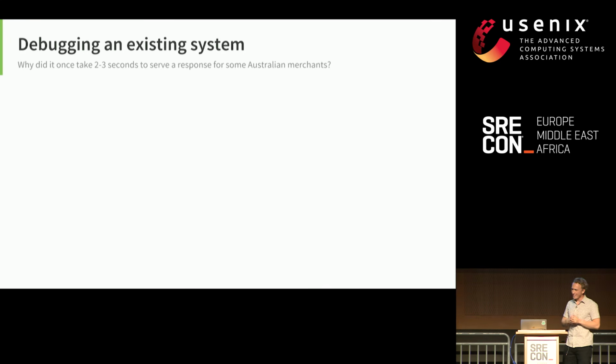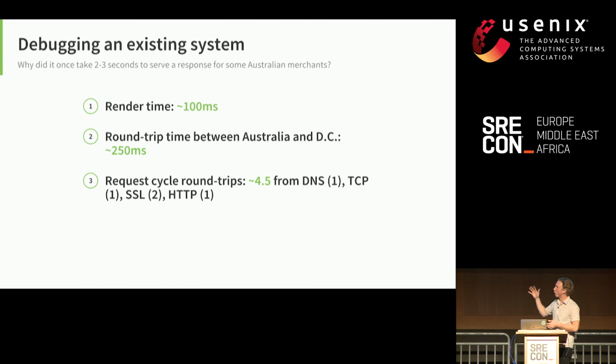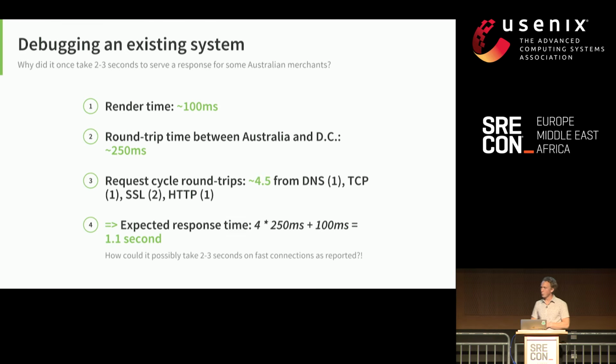And this didn't really jibe with my intuition. Like, we render a page in about 100 milliseconds. The round trip time between Australia and DC, which is where our data centers are close to, is 250 milliseconds. There should be about 4.5 to 5 round trips. You add all of those numbers up and you get about a second. So why is this taking 2 to 3 seconds, right?